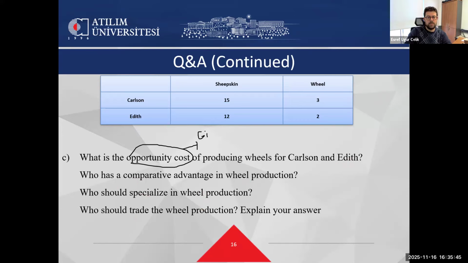How can we understand which one is give up, which one is get? Very easy. What you see in the question, that is what you get. For that question, they said wool, so that is what we get. And the other production is what we give up.